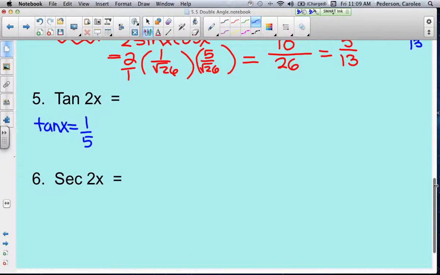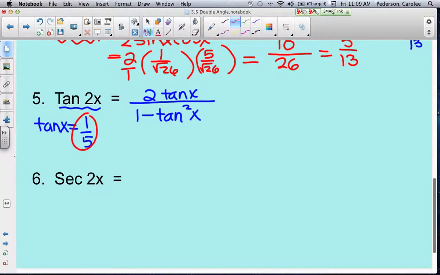Now let's go ahead and write the formula. So 2 tangent of x over 1 minus tangent squared of x. So now this 1/5 is going to replace each tangent of x in that equation.